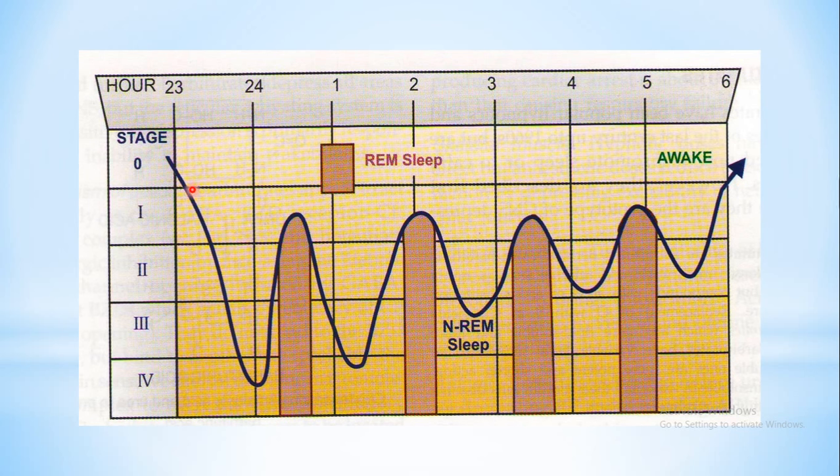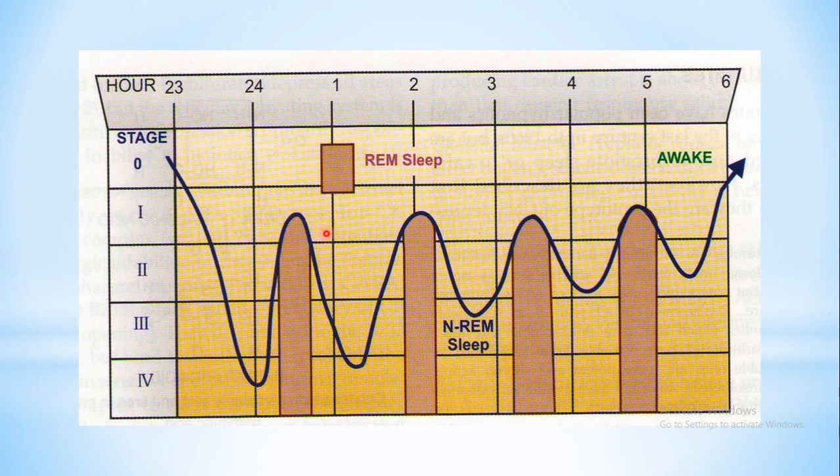Here the person will spend some time in stage 1, after which the person may go into stage 2, then stage 3, then stage 4, and after stage 4 the person goes into the REM sleep, say around about half an hour or something like that. So this completes the first cycle of sleep, and roughly it takes about 80 to 100 minutes for a person to complete this one cycle of sleep.